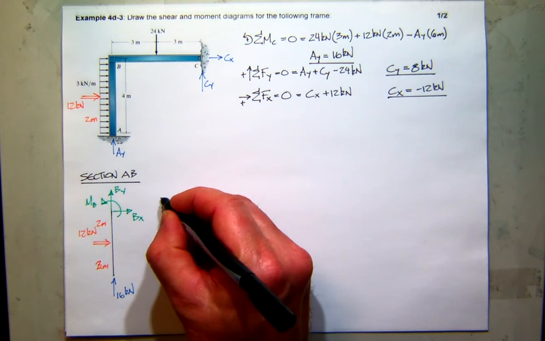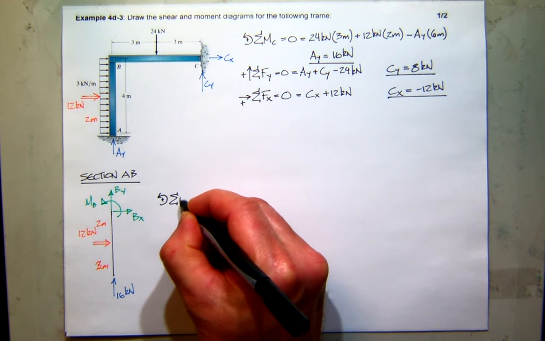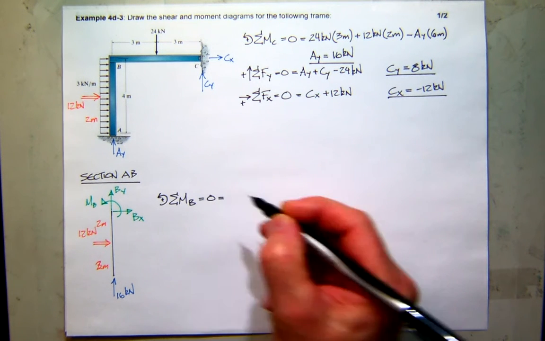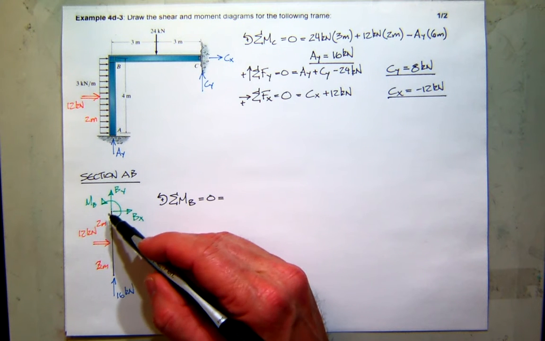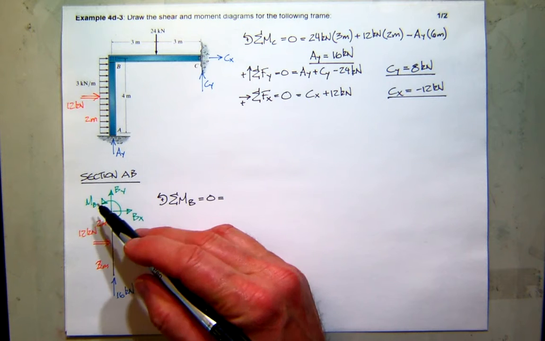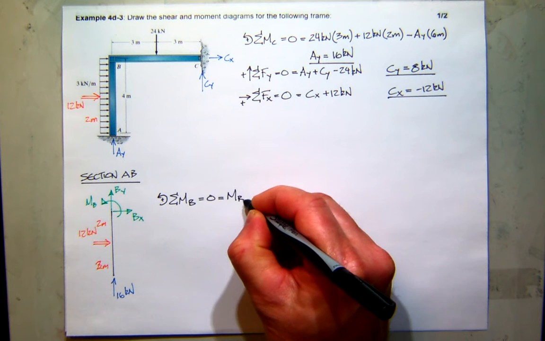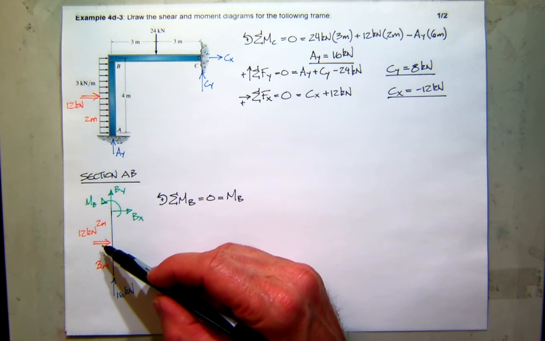I think the easiest place to start is to sum moments at B. You can see Bx and By really pass through B, so they don't create any moments. All I have there is the moment at B, which with my sign convention is positive. And then what else do we have creating moment about B? We've got this 12 kilonewton force.